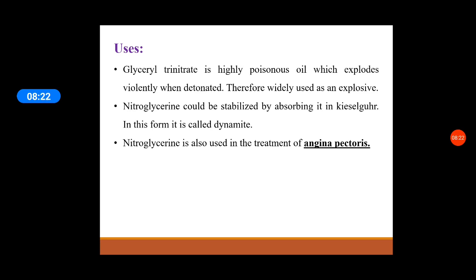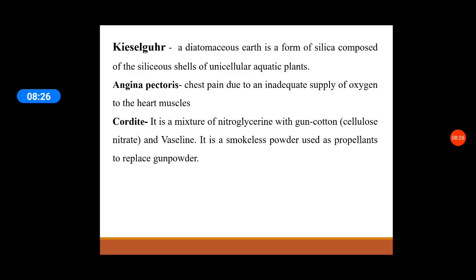Nitroglycerin is also used in the treatment of angina pectoris. Angina pectoris is a chest pain due to an inadequate supply of oxygen to the heart muscles. Another use of nitroglycerin is in cordite. Cordite is a mixture of nitroglycerin with gun cotton. Gun cotton is nothing but cellulose nitrate. Cellulose is obtained naturally in plants.